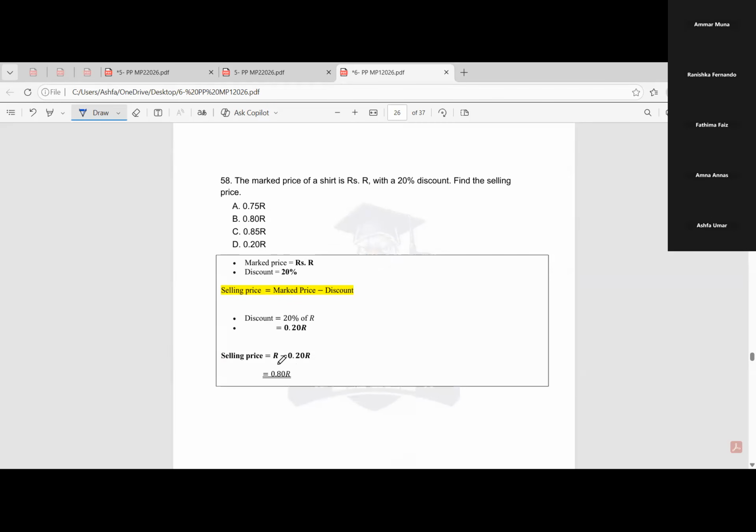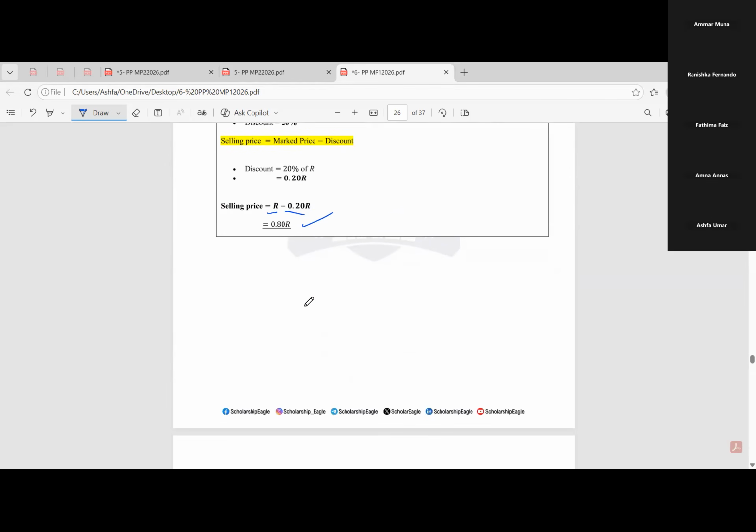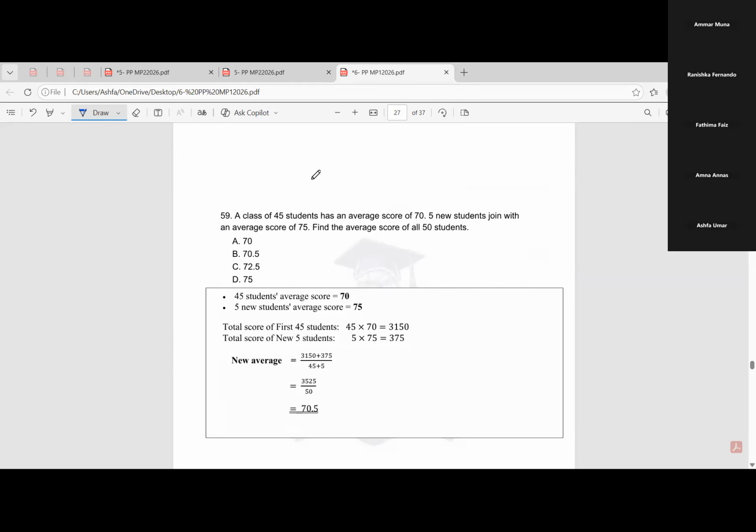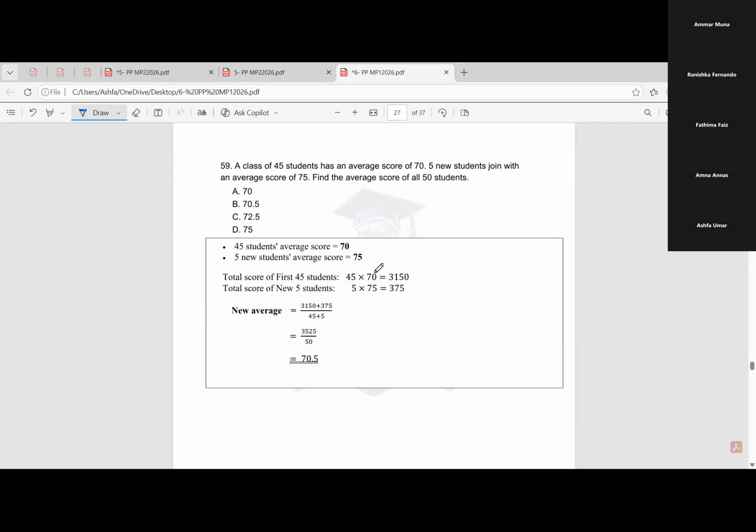So here we have to subtract 0.2R from R to get the selling price. And the same question we discussed earlier, it's the class average. I hope you can understand this question as well and you get this answer.